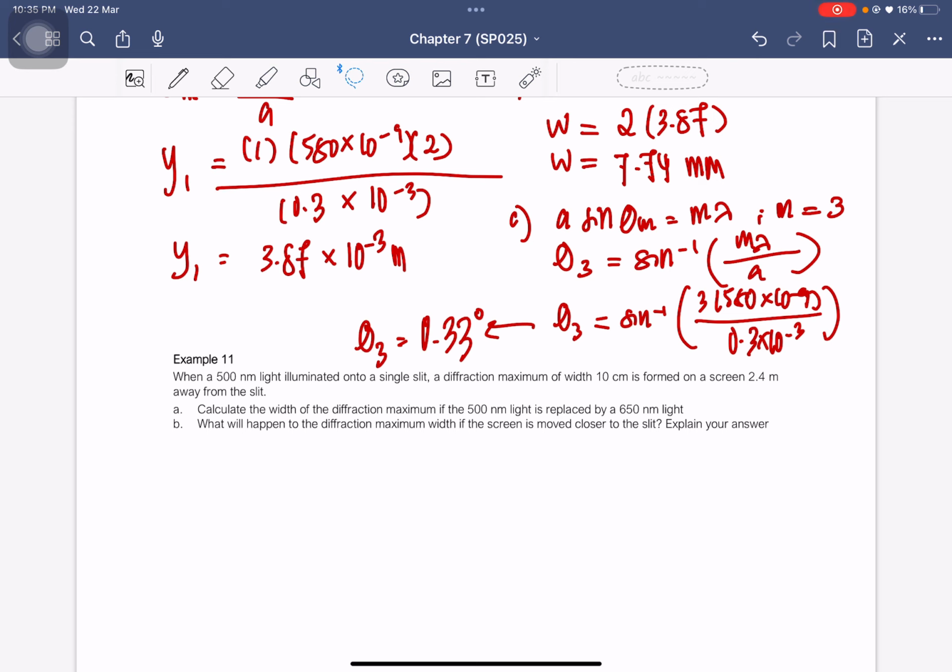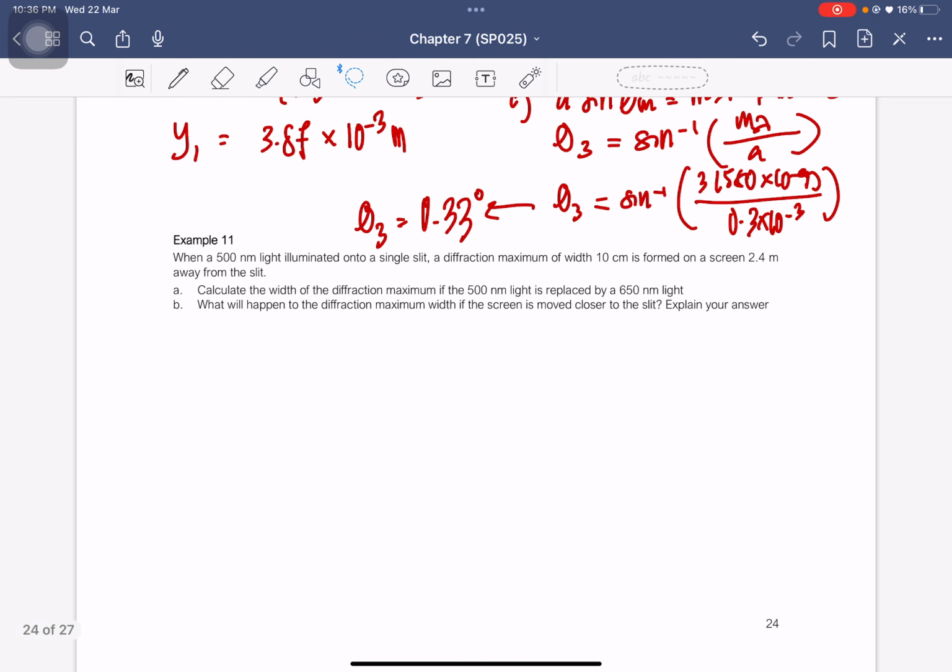Okay, example 11. When a 500 nanometer light is illuminated onto a single slit, a diffraction maximum of width 10 centimeter is formed on a screen 2.4 meter away.